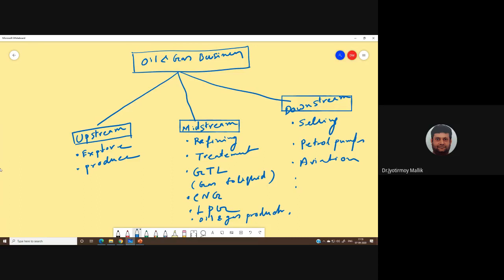So in the upstream, after exploring and then producing, we have crude oil or unrefined gas that goes to midstream, where it is processed, and then the processed product is sold in the downstream.